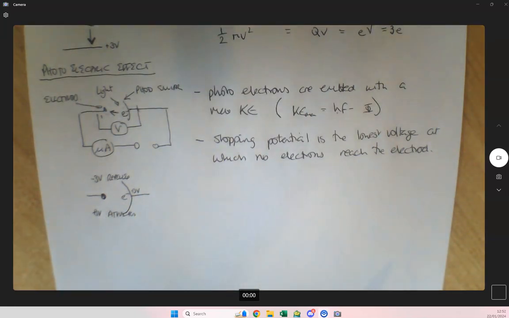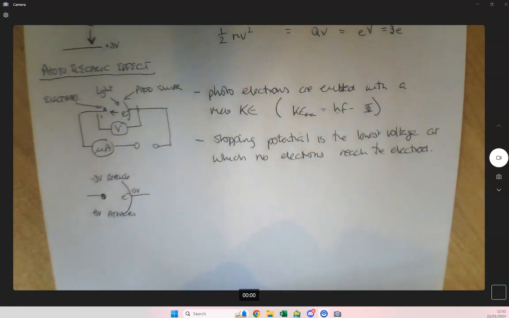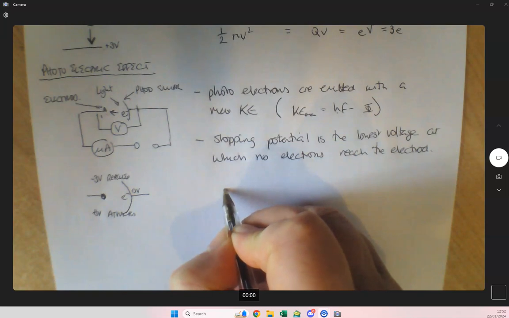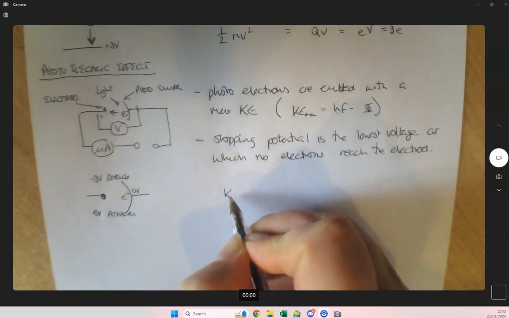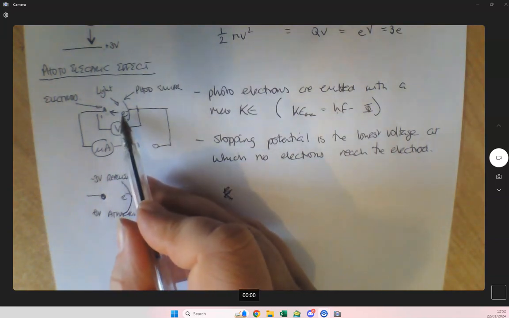All right. So what's actually going on in terms of this setup? So the first thing we know is when an electron moves between here and here, we know how much energy there is. Well, let's just consider each scenario is probably going to be easiest. So I've got a certain amount of kinetic energy that is going to be emitted by these electrons.